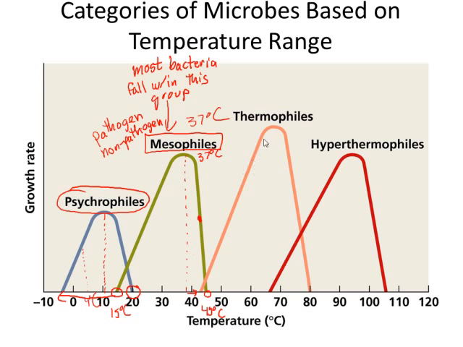So now let's go on the other side of this. We have thermophiles and hyperthermophiles. Thermophiles can grow at higher temperatures. Notice here we have a maximum of about 68 degrees Celsius for a thermophile. And for a hyperthermophile, see, we have an optimal temperature at around 93 degrees Celsius.